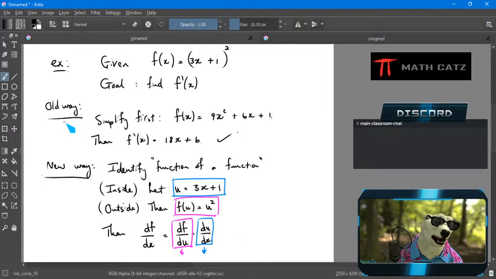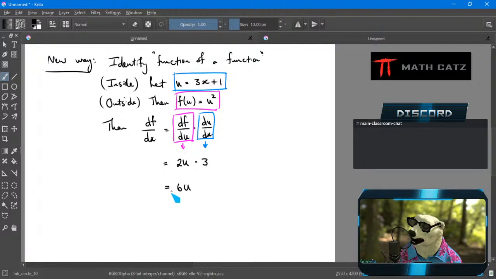I could have done it the old way, and then my answer is in x. So the u being the choice that I make to find this derivative, I can't leave my answer in terms of u. That's not the original variable. I have to write it back to the original variable, but that's not a big deal because this u is over here and it is the same as 3x plus 1. So I simply substitute what u represents in terms of x and then I'm done.